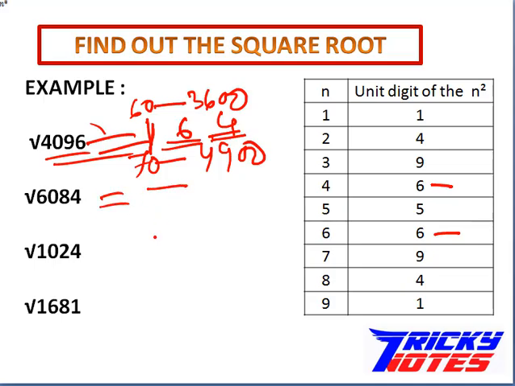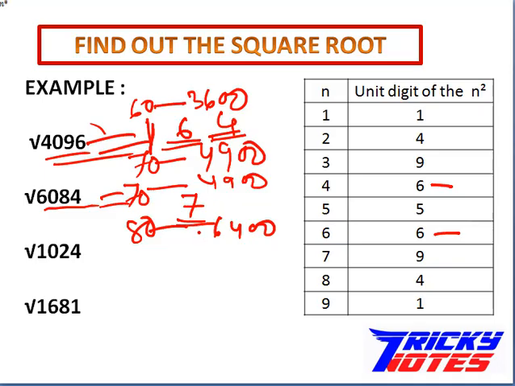Now let's move on to the next number, 6084. Again we will find the upper limit and the lower limit. The square of 7 is 49 and the square of 8 is 64. So this is between 70 and 80. The square of 70 is 4900 and the square of 80 is 6400. This number is between these two, so the first digit is 7.